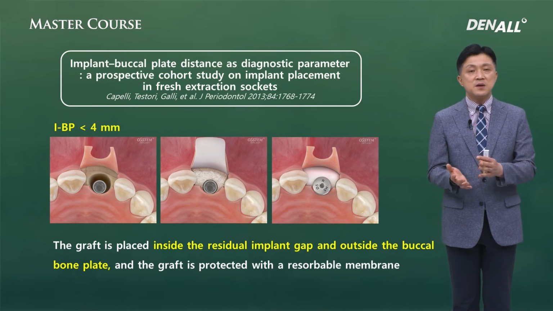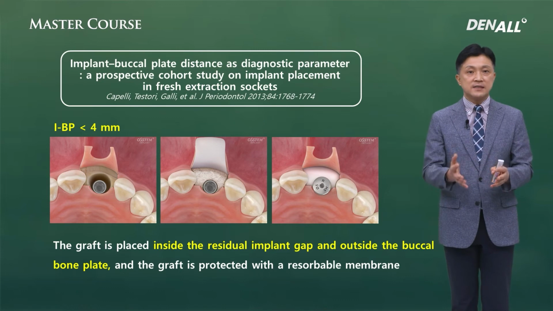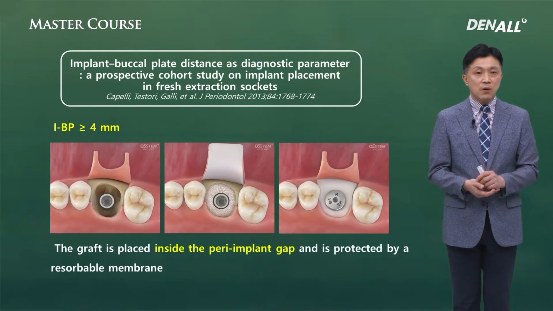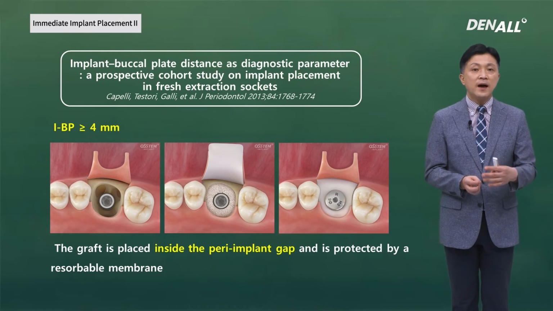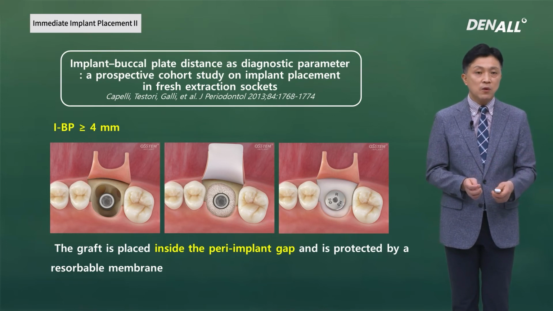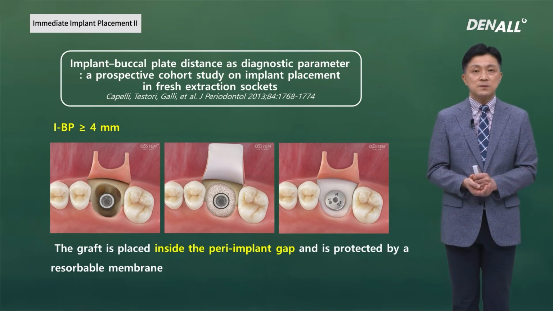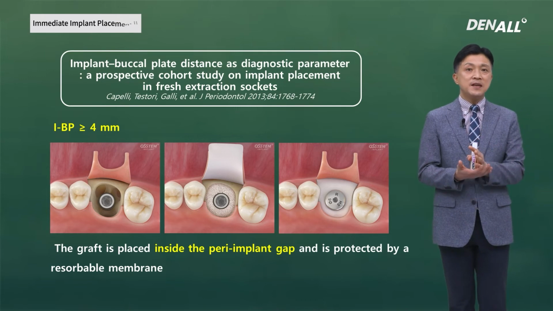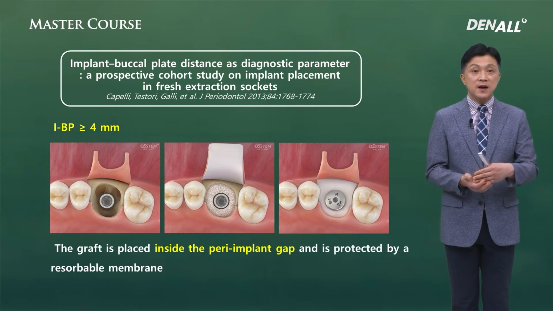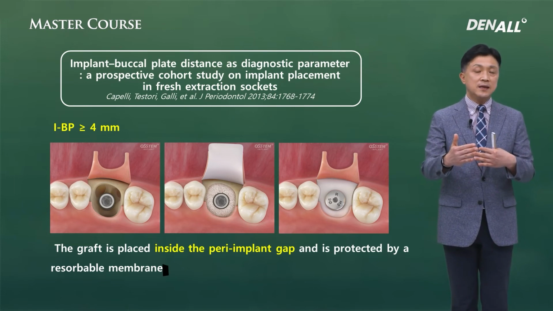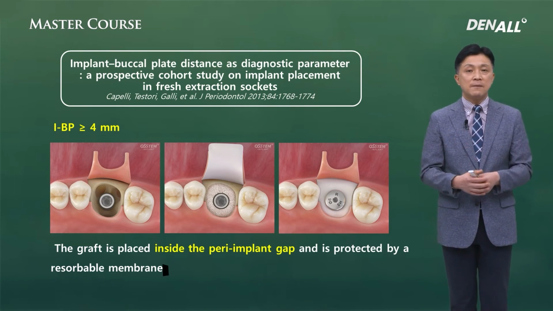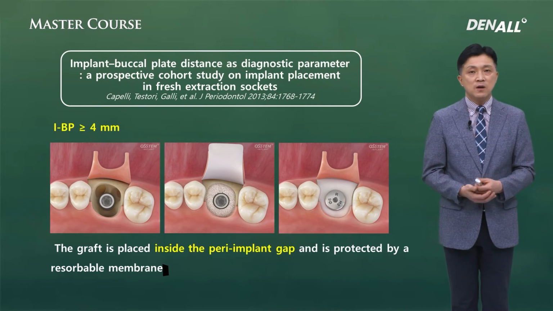If it is above 4 mm, you need to do internal graft along with membrane application. You need to use this 4 mm as a criteria. The IBP should be used as a criteria as to how to do bone graft.